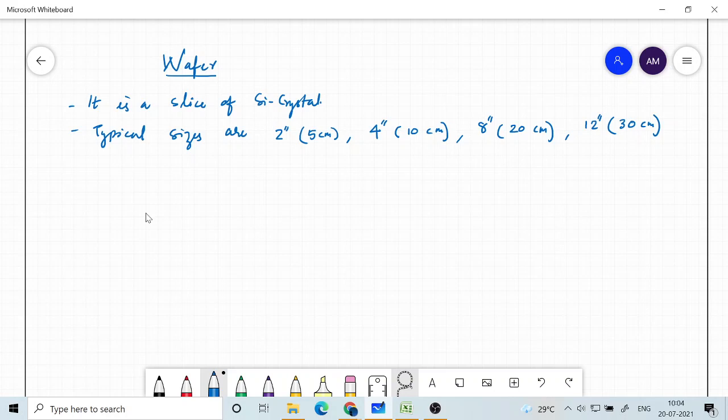That's the most common approach. So the wafer will initially be available as one crystal but doped with p-type impurity. Because of the doping, it will have some resistivity or conductivity. Depending upon that, the doping concentration may be something like 10 raised to 15 per centimeter cube.